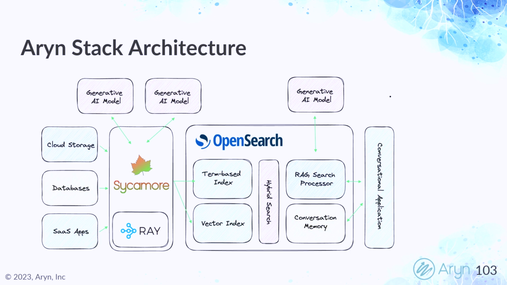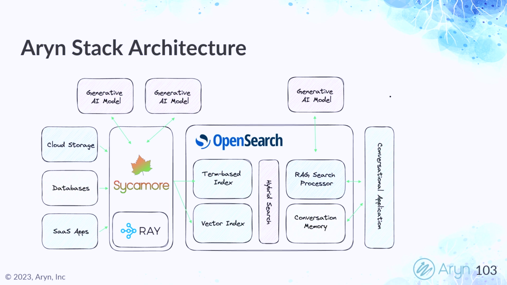And this is where we come in. We've added two things to this ecosystem. One is the RAG search processor that coordinates the activities on the front end side for synthesizing responses from LLMs, and then a conversational memory module or plugin that allows you to keep track of the history, which is important to be able to get the right answer and do the question rewriting that we saw in the demo.